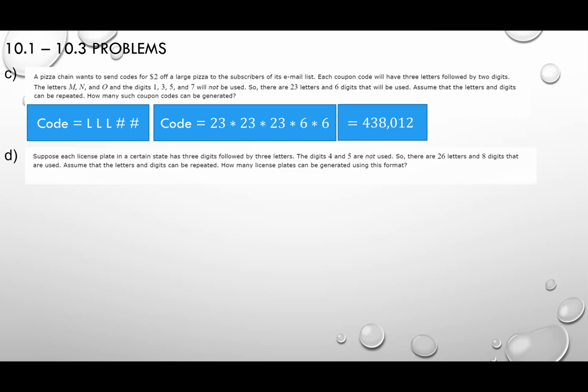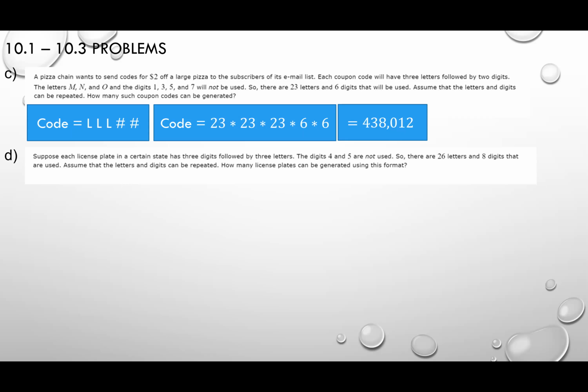Take a look at D, and then I will pause and ask if you have questions. They say suppose that the license plates in certain states have 3 digits followed by 3 letters, and that's what our license plate is, right? The criteria we have is that the digits 4 and 5 are not used, so we cannot use the 4 and 5.